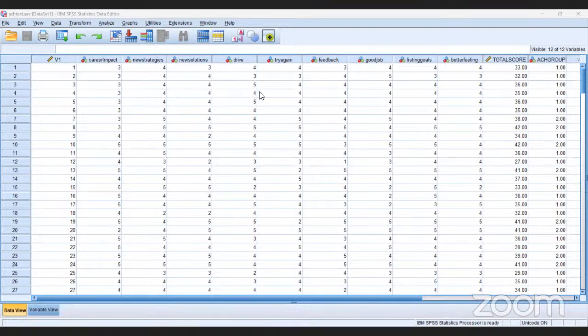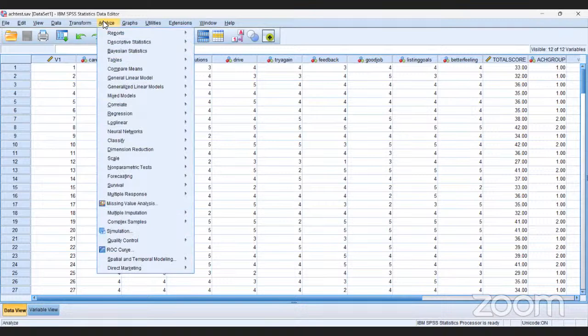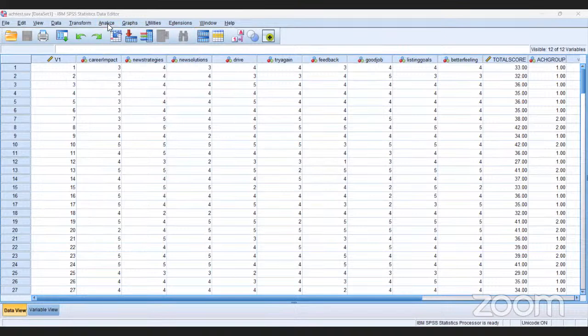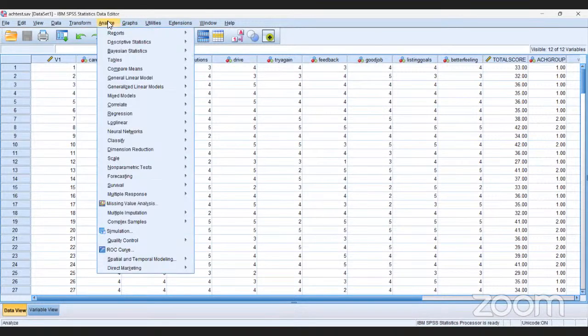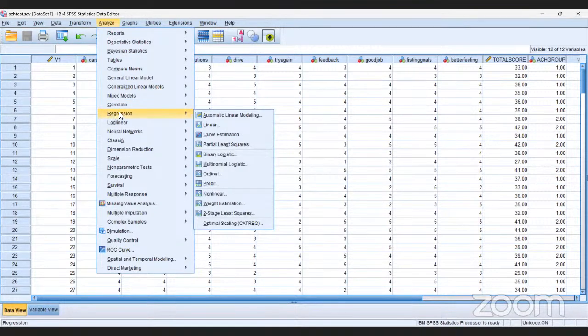So there are 9 variables, 9 items are there. Then here we can find Analyze. In the Analyze menu, I am getting Regression.